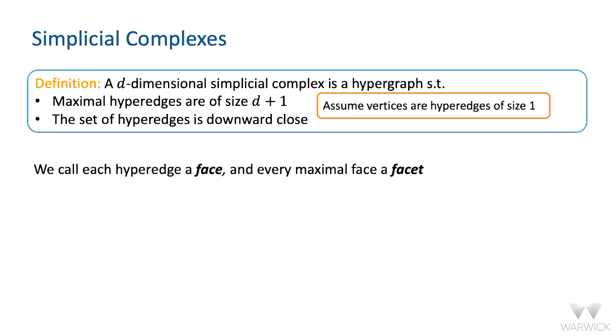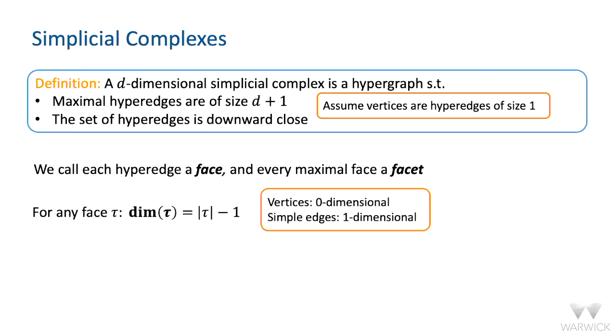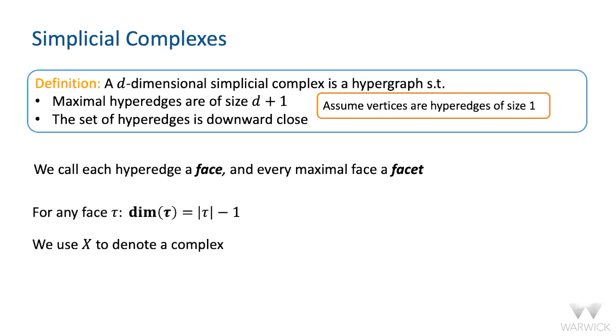We call these hyperedges faces, and maximal hyperedges we call facets. The dimension of a face is the number of its elements minus 1. So vertices will be faces of dimension 0, edges would be faces of dimension 1, triangles will be faces of dimension 2, and so on.